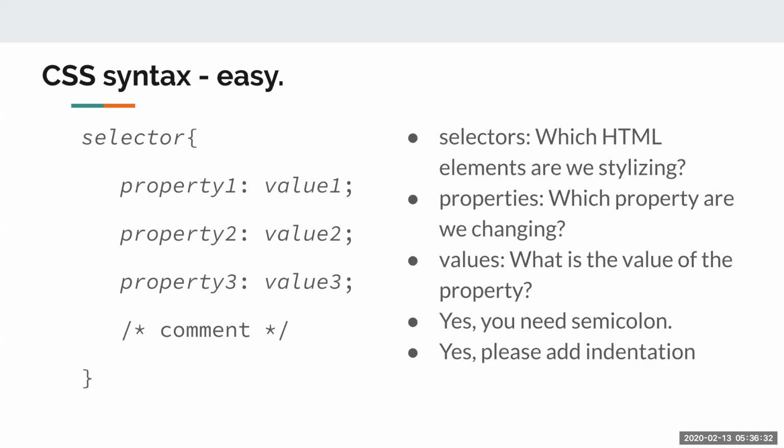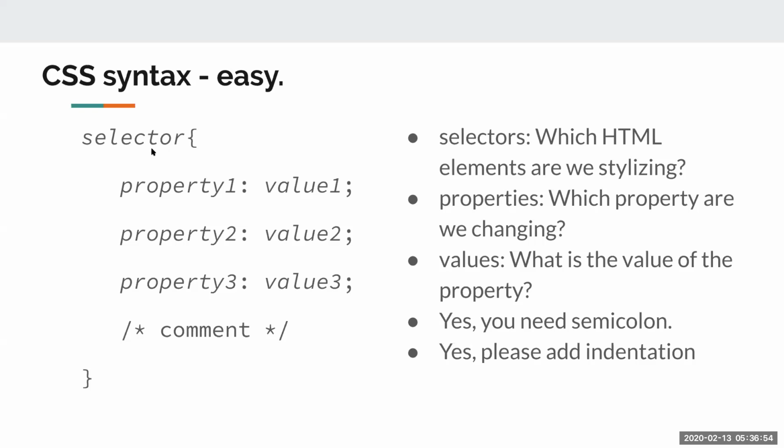This is the basic CSS syntax, and I would say it's pretty easy. There are 3 elements, actually 4 elements. The first one is the selector. The selector is how you specify which elements you want to stylize.